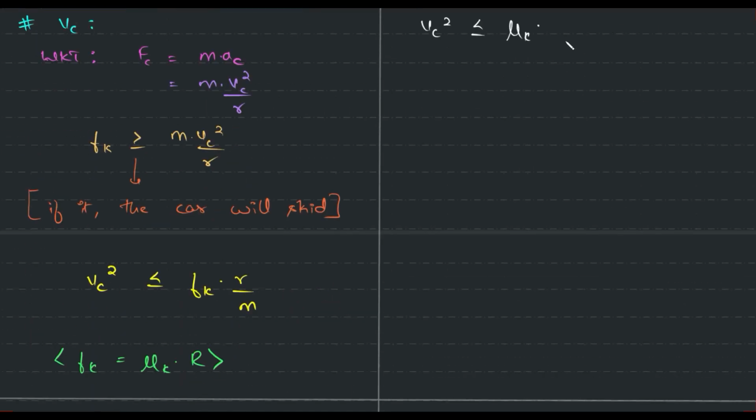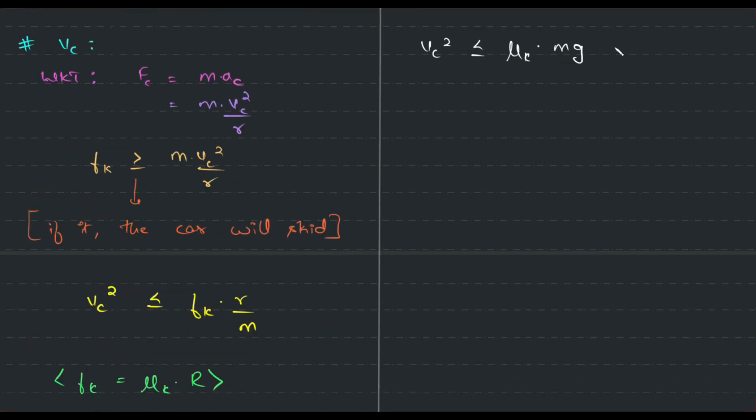R is mg, times r by m. So m and m get cancelled, and therefore we have v_c less than or equal to root of mu_k g r. So that's your general expression.